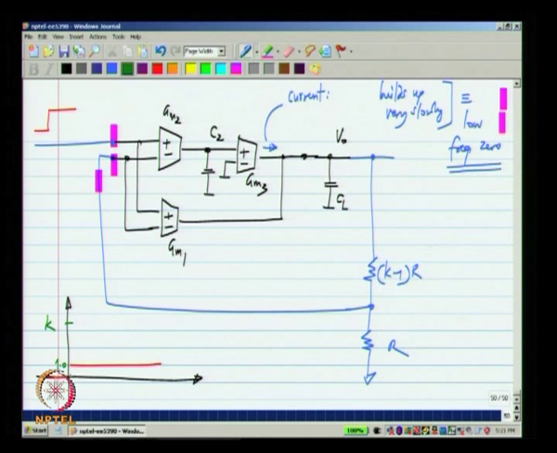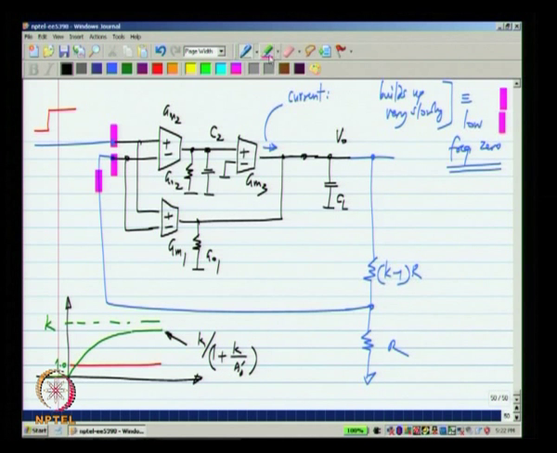So, it builds up to something, and also we know that the single stage op amp has a very low DC gain, that is because of any resistors loading it, and it is also because of its own internal resistances, which I did not put earlier, but this has to be included here. So, it builds up to some value which is basically k by 1 plus k by A naught prime. Here A naught prime refers to the DC gain only of this path, GM1 and GO1 and the resistances and so on, which is very low. That is why we put the other two stages in the first place.